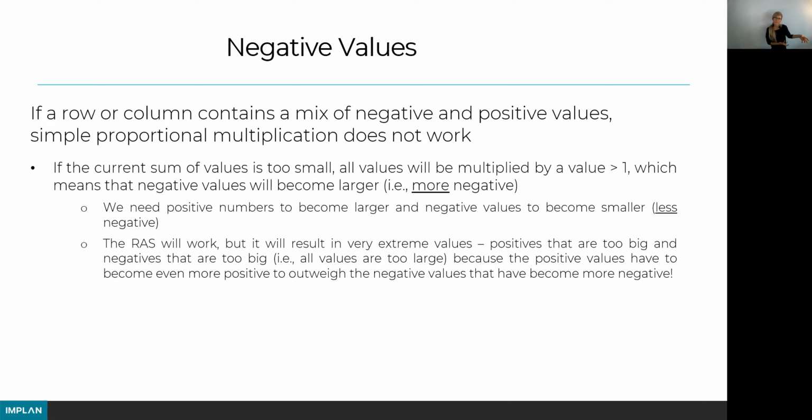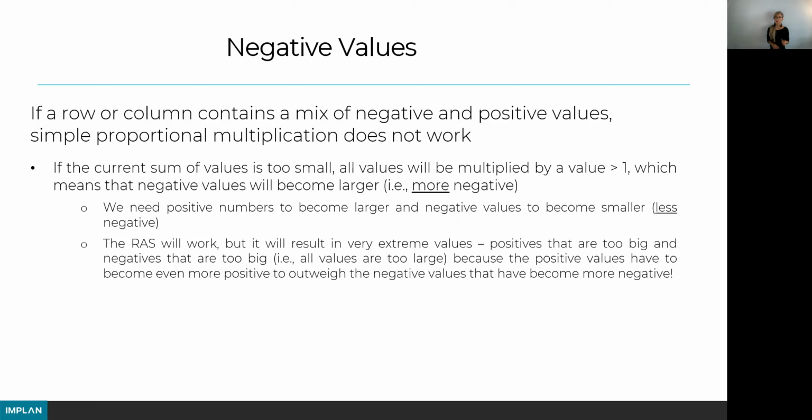And if we're trying to bump up the sum of the values in a row, having something become more negative makes it harder to do that because that's pulling that sum farther down, which means that the positive values have to overcompensate for that. So the positive values in that row become really, really big to compensate for the negative values that are becoming bigger. And so values just start blowing up and getting way too big.